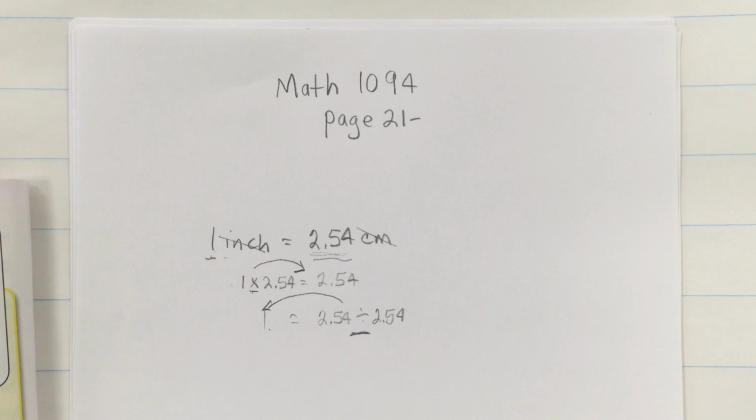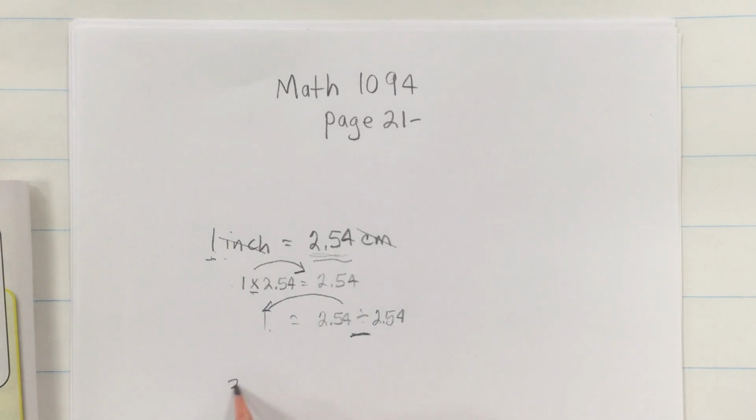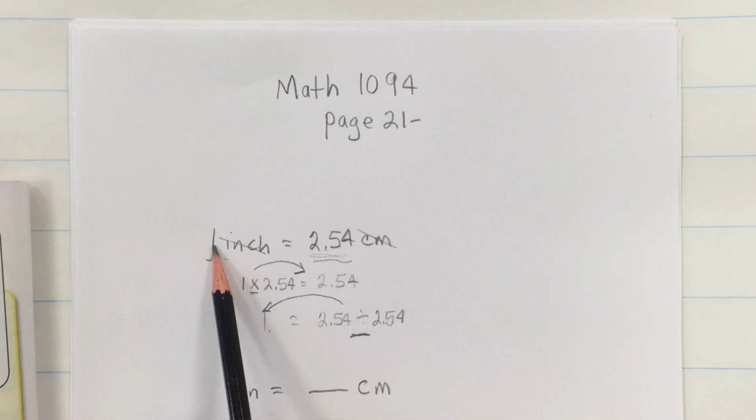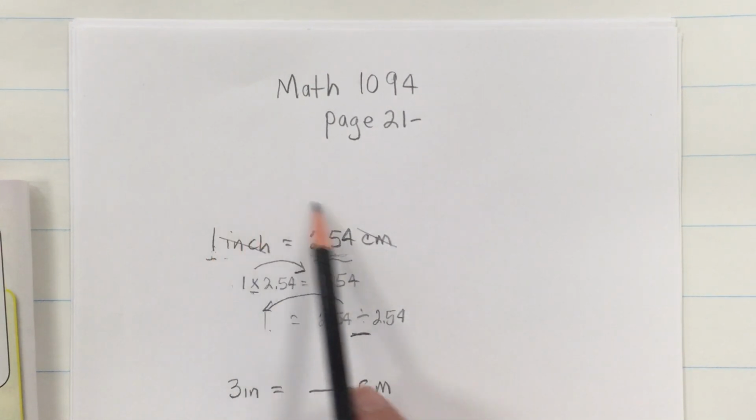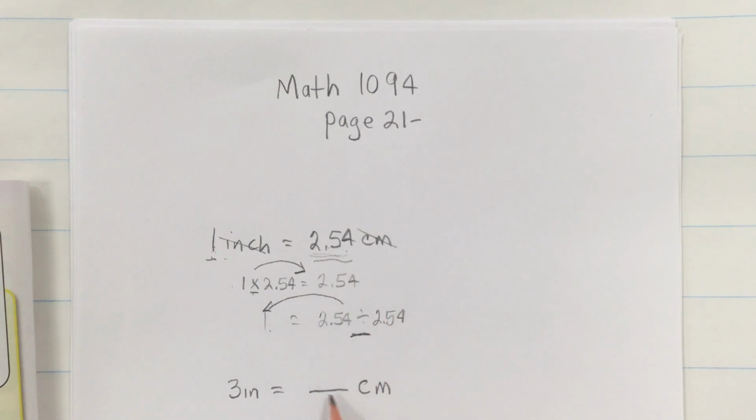So if we say, all right, 3 inches equals how many centimeters? Well, we know from up here that this is 1 and this is 2.54. If we go from the smaller number, we're going to go to a bigger number. We know that this number is going to be bigger than 3.